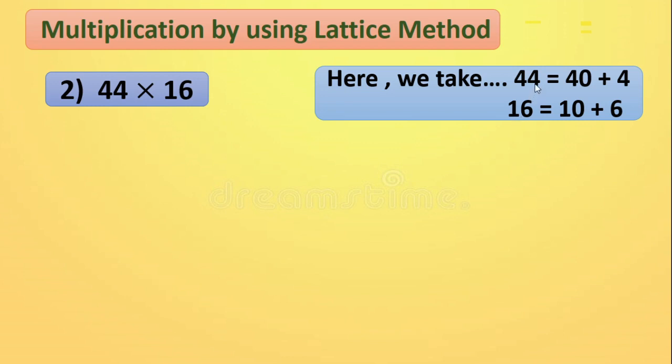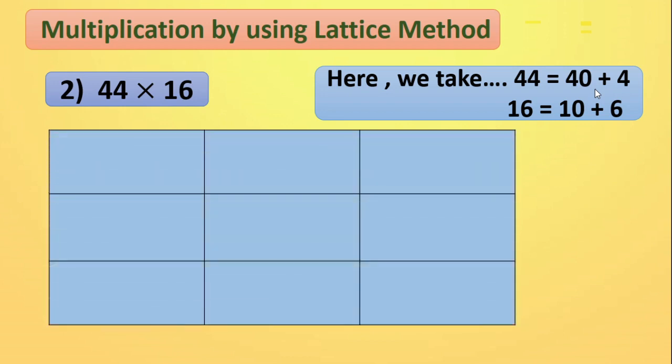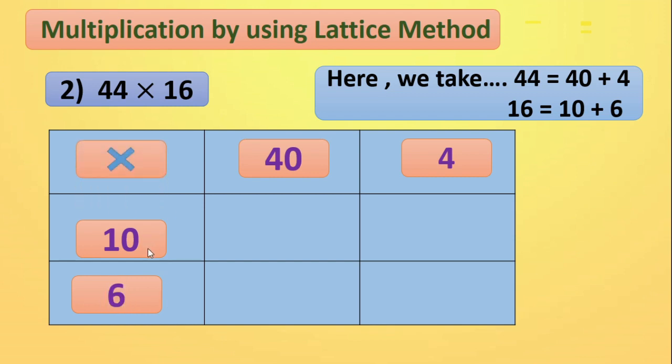Here also 4 is in the unit place and this 4 is in the tens place. So it became 40 and this became 4. Now we will make a table. We will write here 40 and 4 and here 10 and 6, with the multiplication sign. Now we will find out the answers for these multiplications.